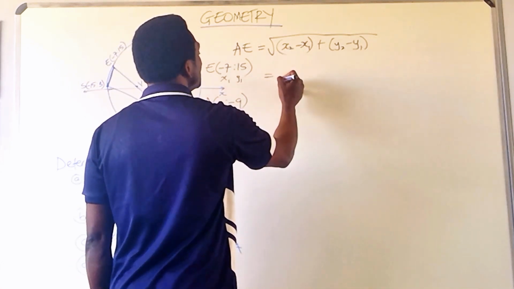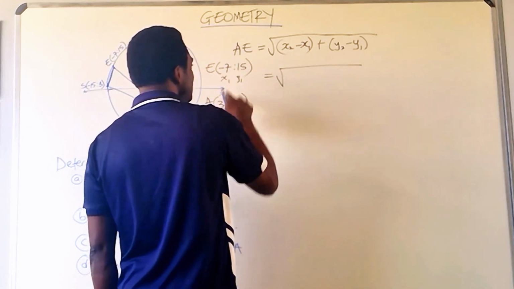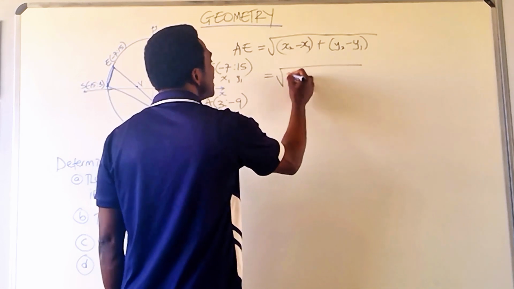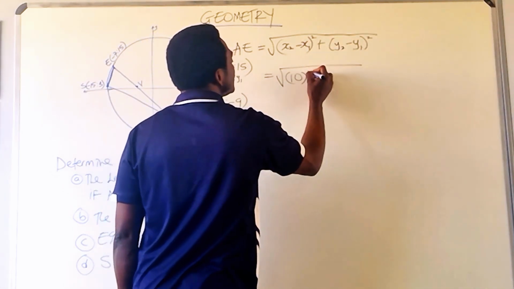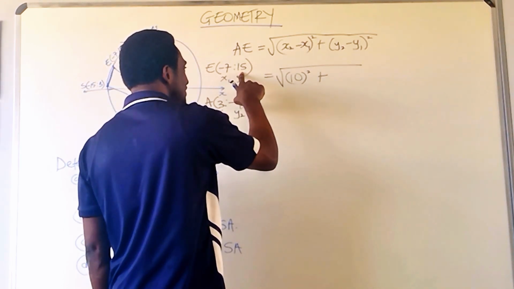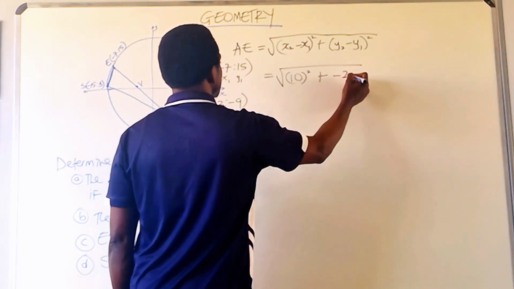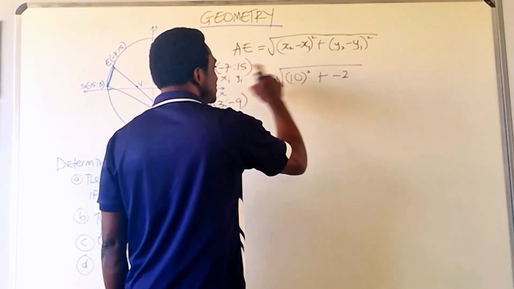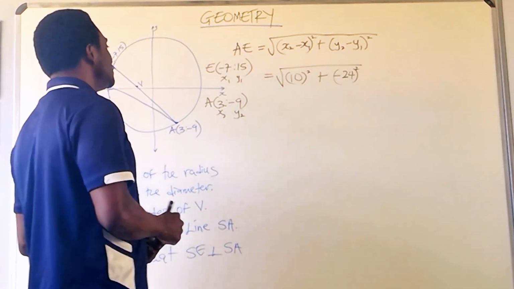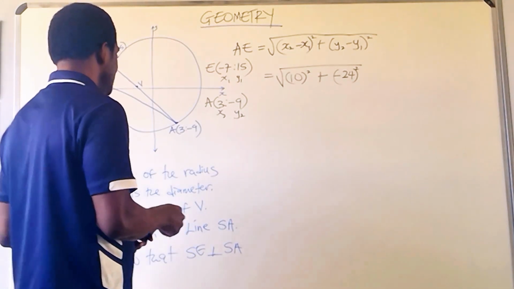We have the square root of (3 minus -7), which is 3 plus 7, that is 10, all squared, plus (-9 minus 15), which is -24, all squared. So this is what we are going to use to get the length of AE.